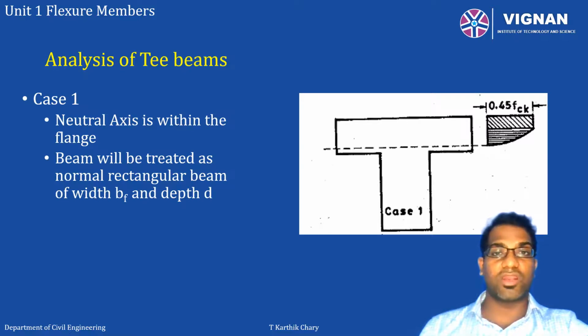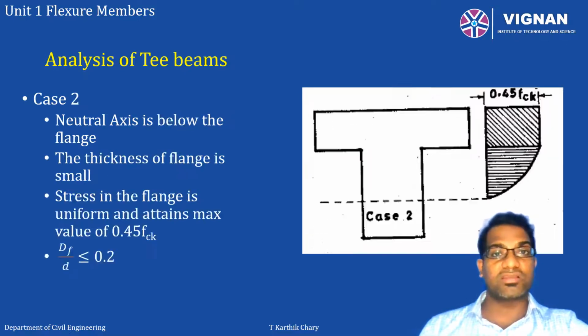When XU is less than or equal to 0.2, or if XU lies just beneath the slab bottom, then the concrete attains the strength of 0.45 FCK and the stress in the concrete is uniform.